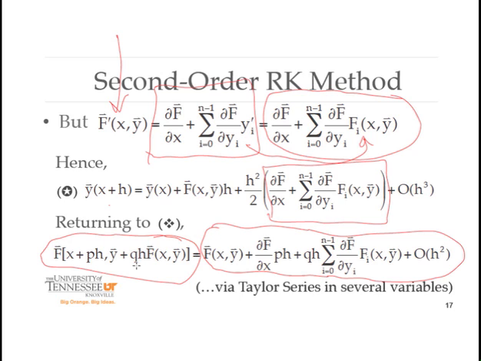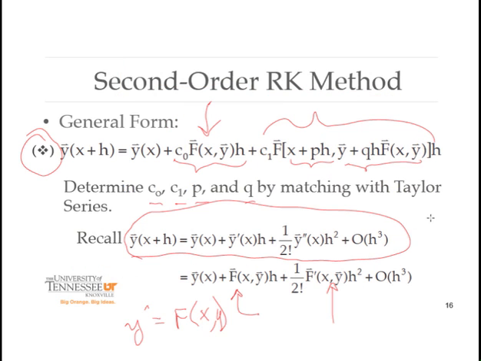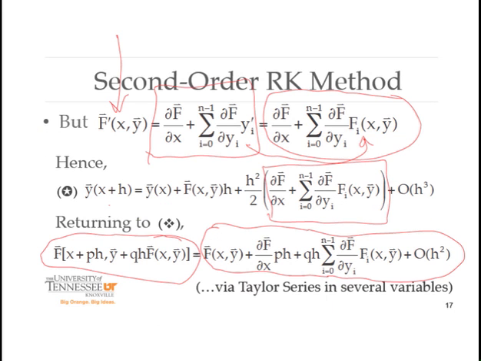Previous Taylor series expansions like we just did in the previous slide were just expanding in one dimension, x plus h. What we're looking at now is how you write a Taylor series when you have two dimensions, in this case two parameters. And this is what it looks like.